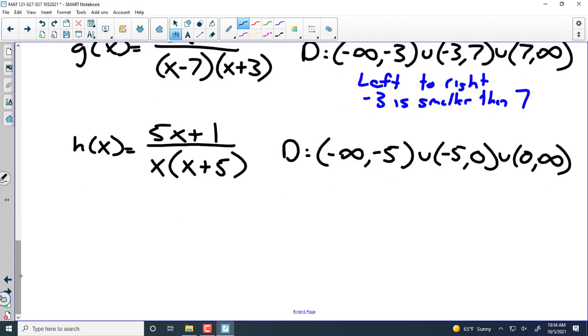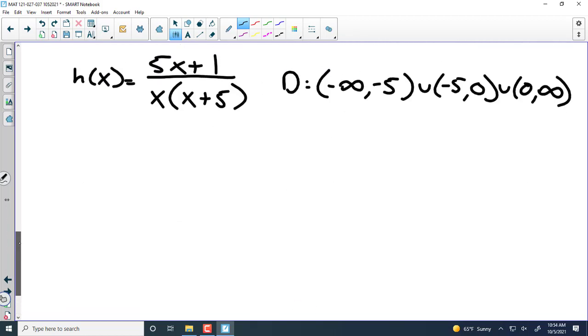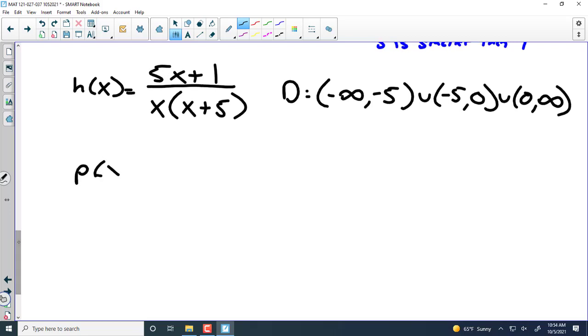Be aware of this tricky situation, though. Does anyone know what the domain of this rational function is? This is not a trick question per se, but it does have a tricky domain.